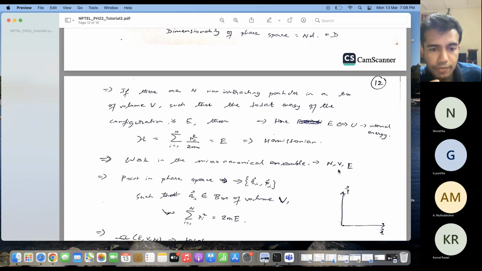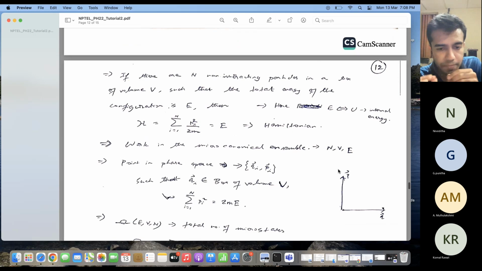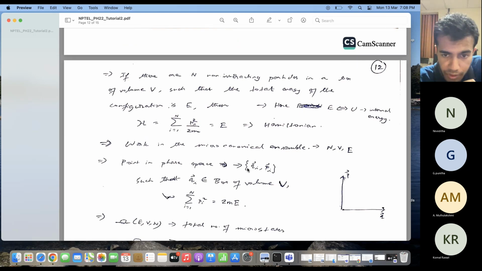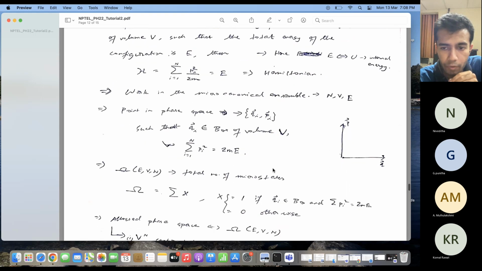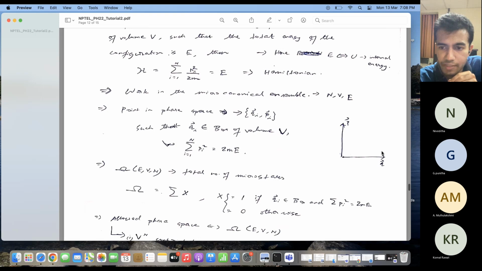So as I had mentioned earlier, the phase space of the particle is defined by its position coordinate, which is q_i, and the momentum coordinate p_i. So with the p-axis and q-axis, any point on this pq plane represents the position and momentum of an individual particle. And what are the constraints on p_i and q_i? That is, q_i should always belong to the box of volume V. That means q_i cannot be any value such that the particle goes outside the box.